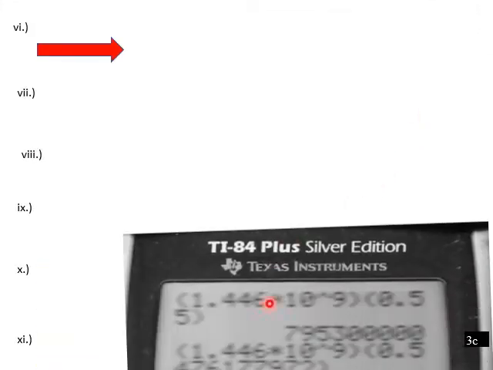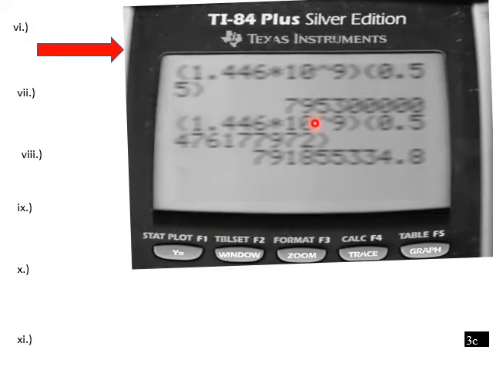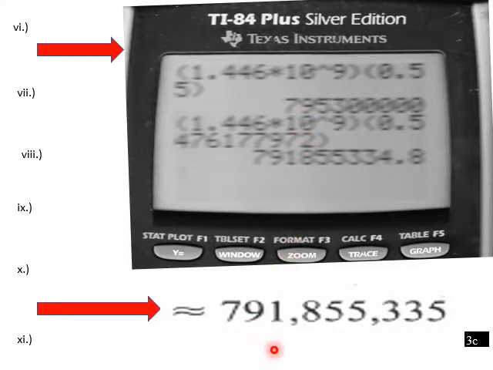Again, we multiply this through, and we get this number here, 789,855,335 heartbeats for a rhino that has that body mass that we used here.